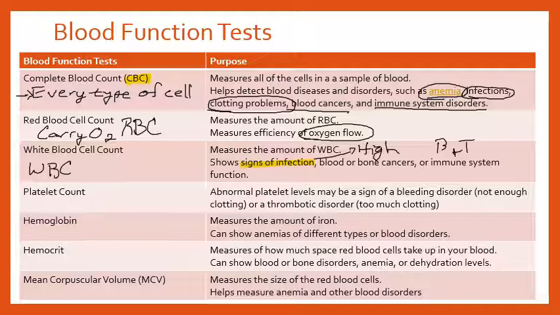But really low white blood cell counts can also be huge indicators. If you have low white blood cells, it means you have low immune function. And low immune function is a dangerous thing, right? It means you're not going to be able to fight an infection very well. The other thing it might have to do with is your bone health. Because white blood cells are made in the bone marrow, if there is cancer of the bone, it lowers the amount of white blood cells that get produced.